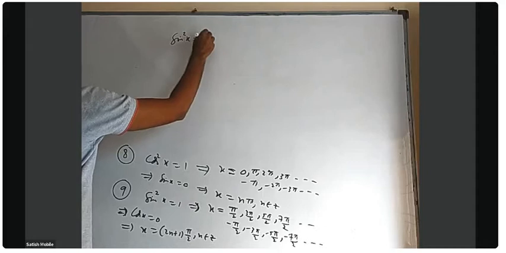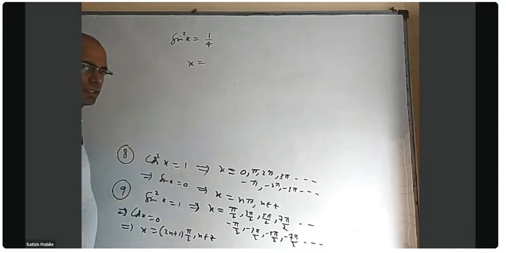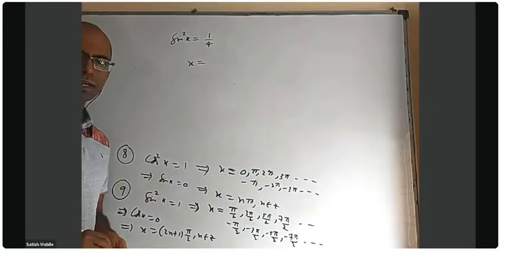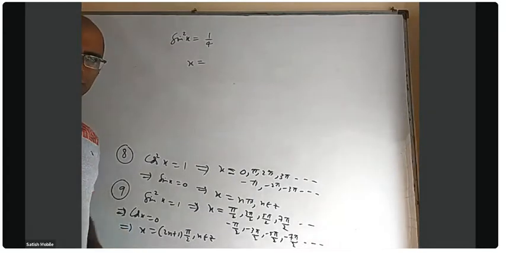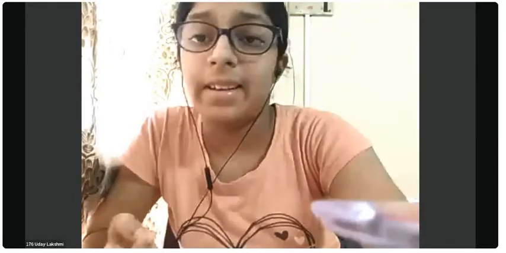Let us say sine square x equal to 1 by 4. I want some positive x value satisfying this. You can tell in degrees also, I don't mind, radians also no problem. 30 degrees. Okay, 30 degrees.